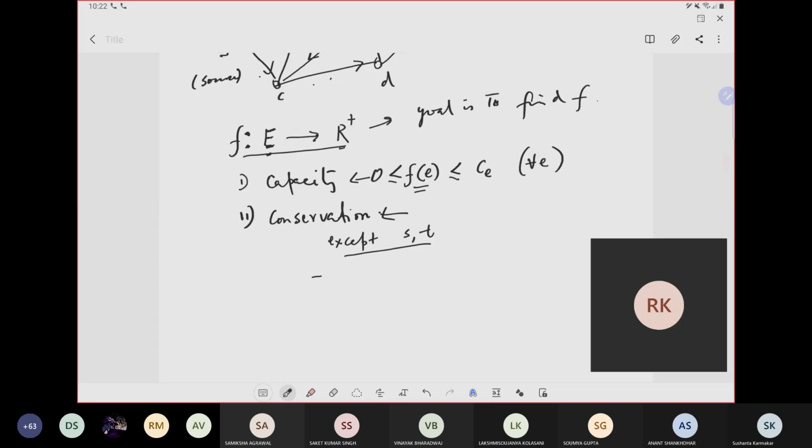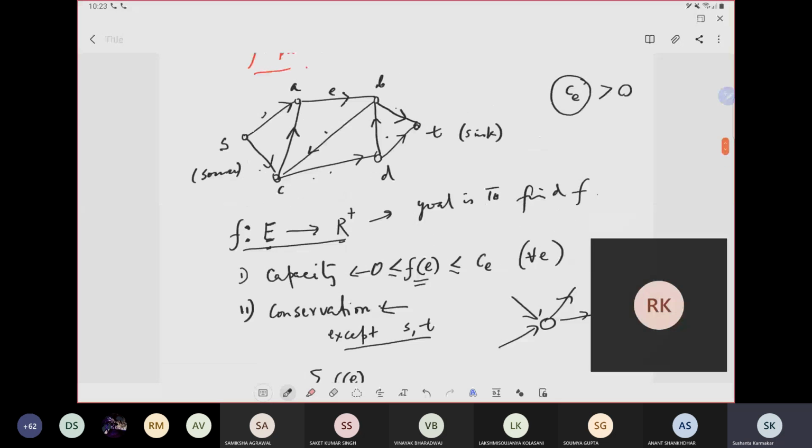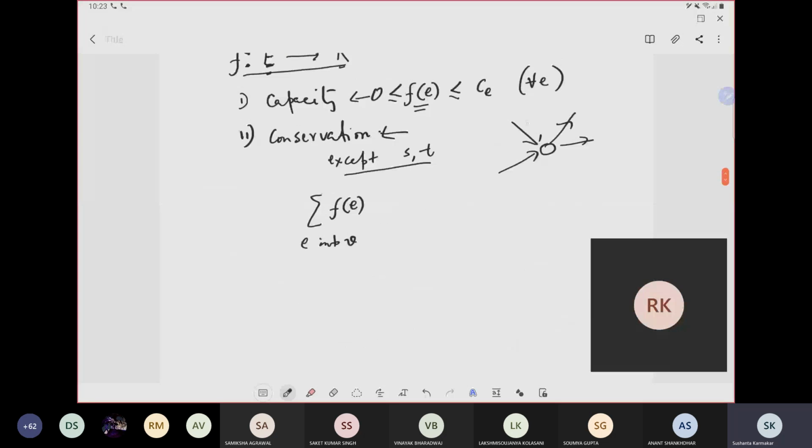Take a particular node V, some node other than S and T. It will have some incoming and some outgoing edges.